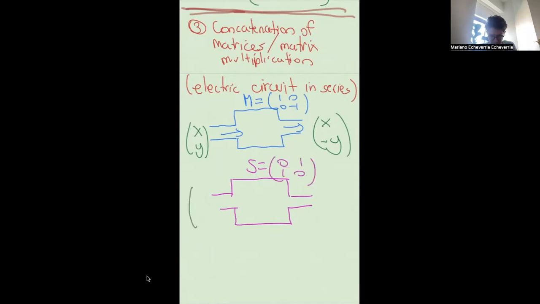Which would start with the vector x, y. And if you remember, what the shift does is just shift the entries. So 2 becomes 1 and 1 becomes 2. So y, x. Okay, so you have these two machines, these two processes.